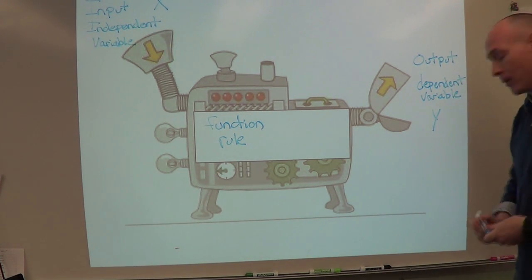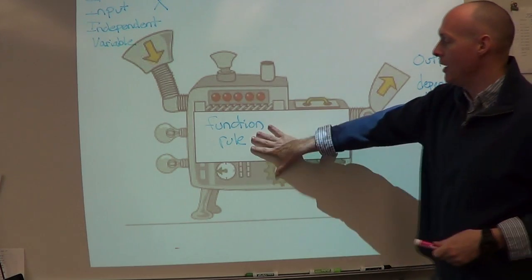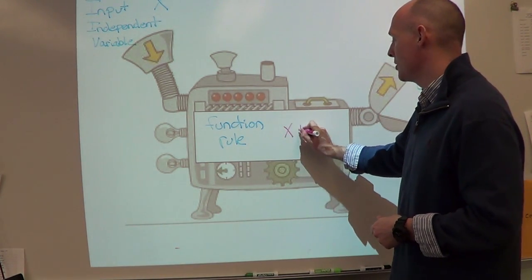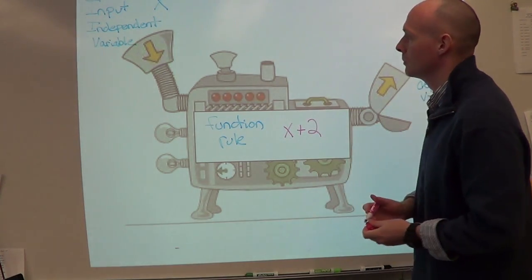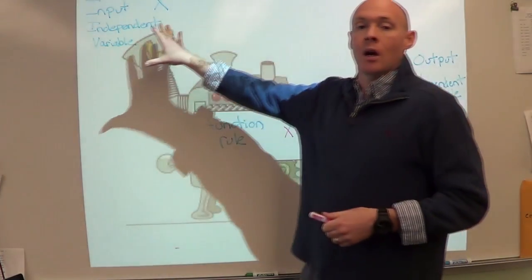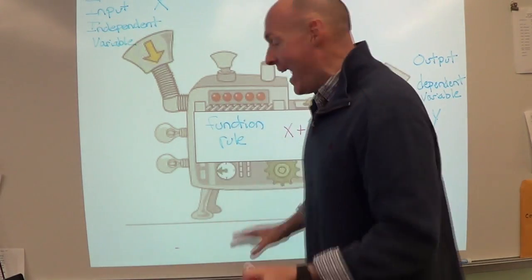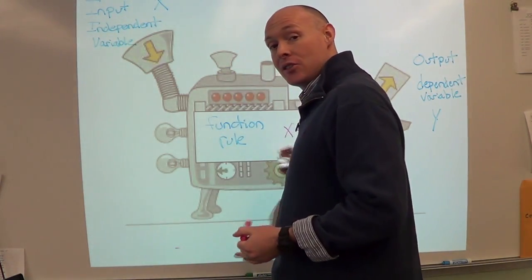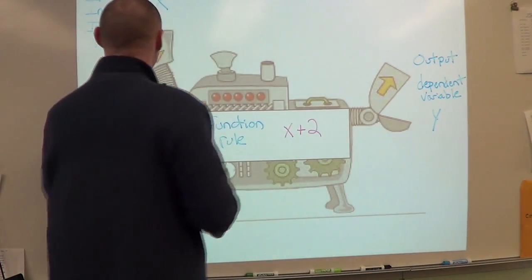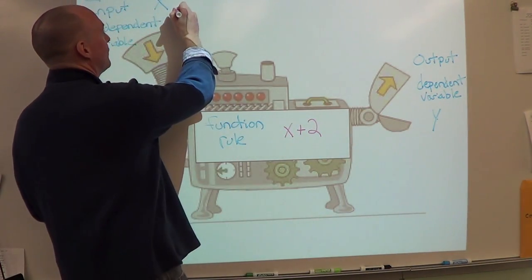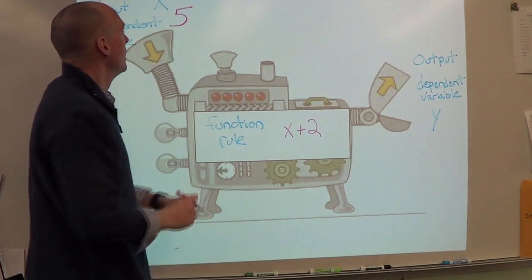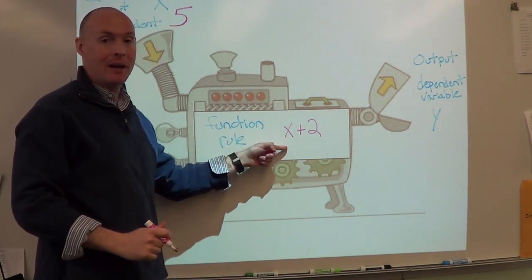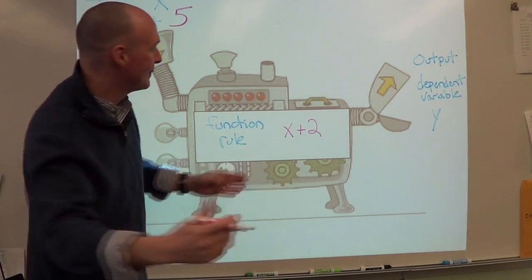So let me walk you through an example. Here I have my function rule, and I'm going to call it X plus 2. X plus 2 is what's going to happen when my input hits the rule. And let's say my independent variable is 5. So 5 goes through the machine, hits the function rule.